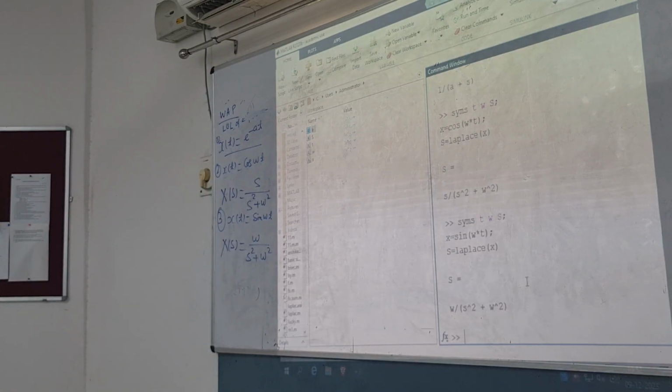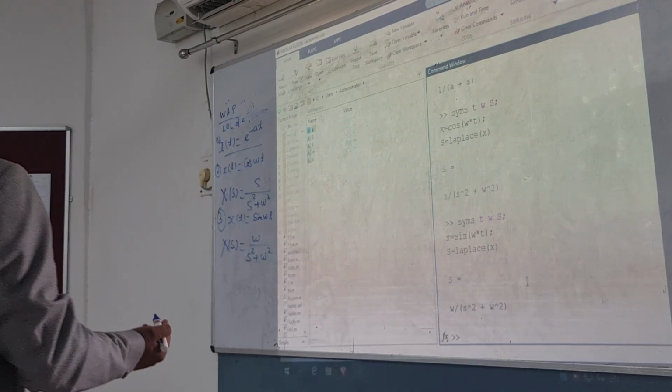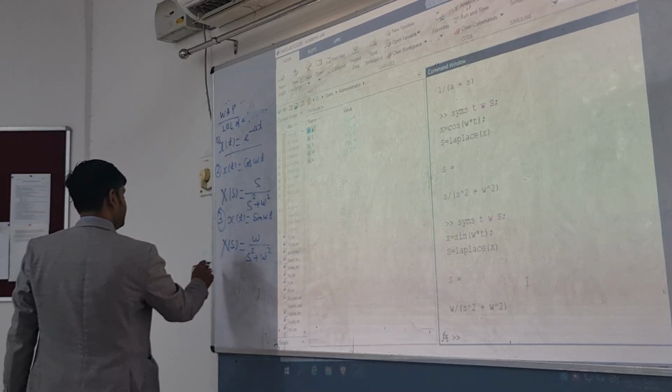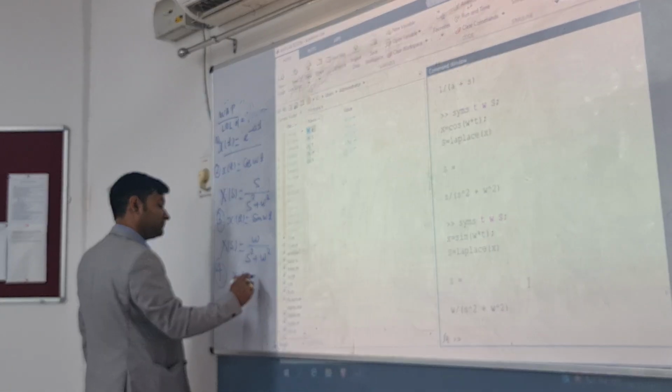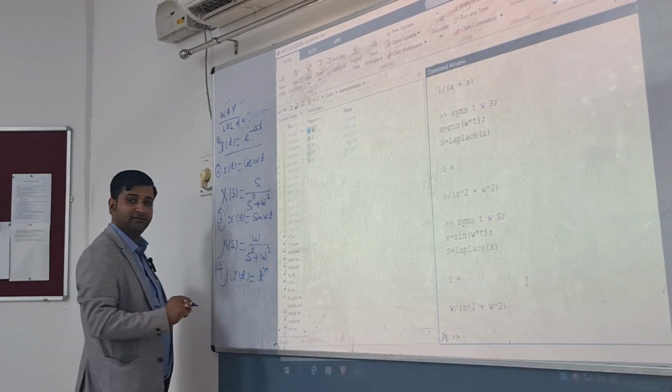Then there is another Laplace transform, like the factorial function, xt is equal to t power n. Another Laplace transform can be found.